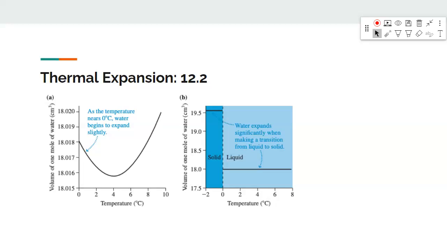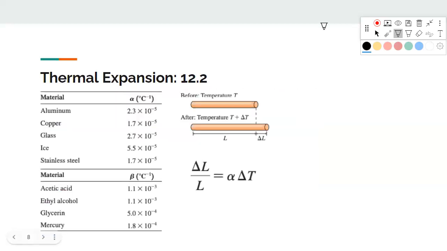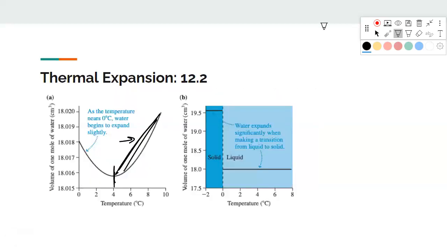There we go. So this U-shaped curve, if you look at the part to the right of this dip, that is a graph showing thermal expansion. You can see how this is roughly a straight line. And this is following this same formula: alpha delta T gives you the fractional length change.